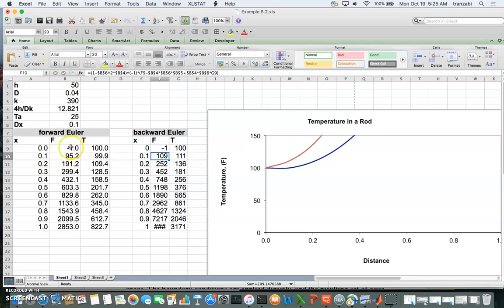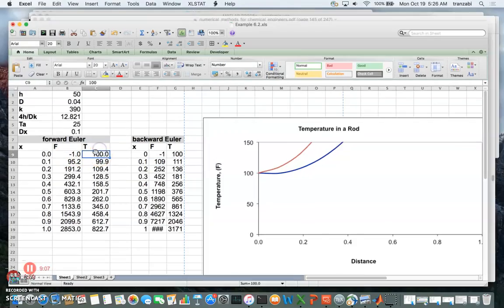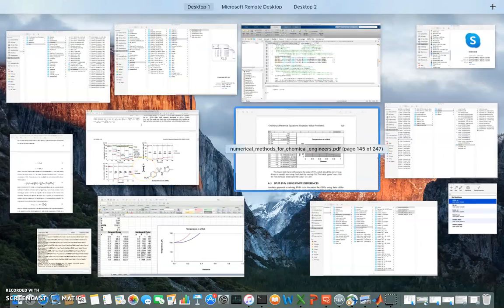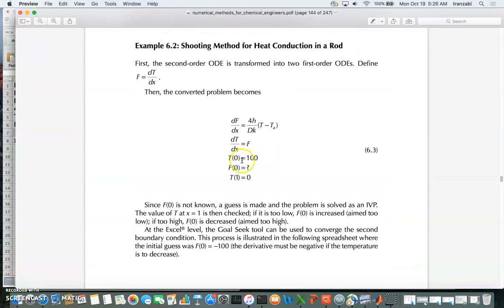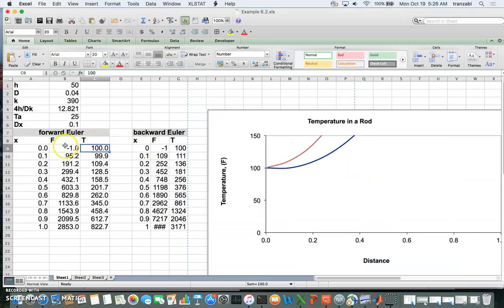So at x0 I know t, which is 100, but at x equals 0 I don't know what f is. That's the problem. But I do know t on the other end, at x equals 1 it is 0. So here, this guy is an unknown. So how can I start without knowing what f is initially?